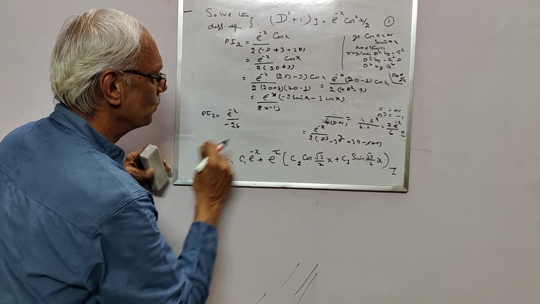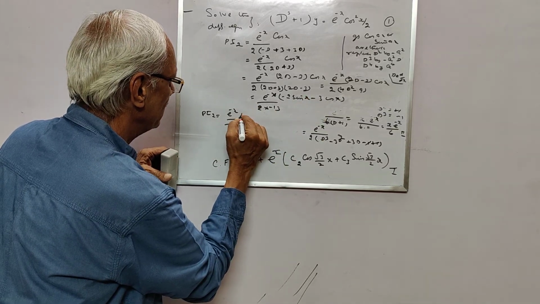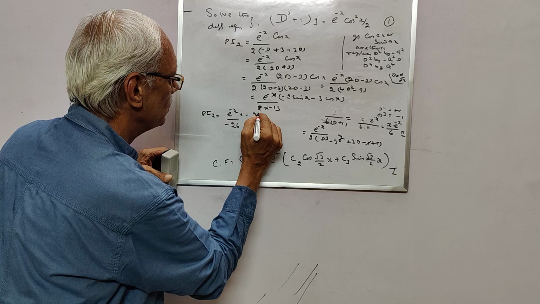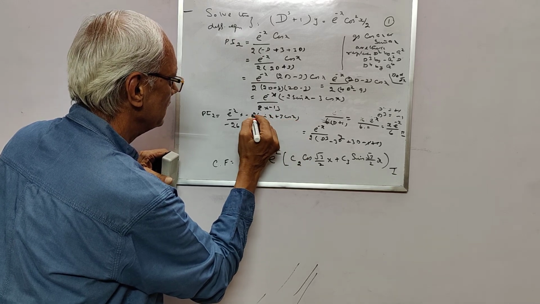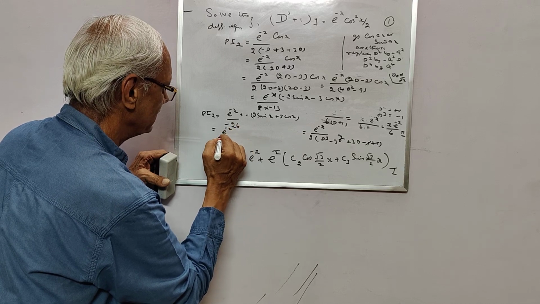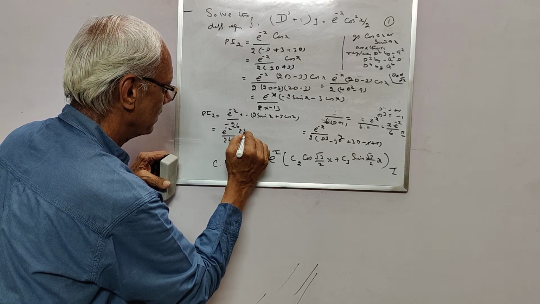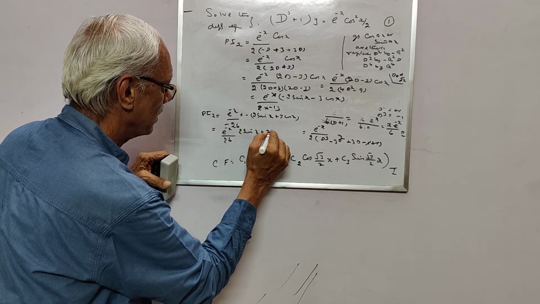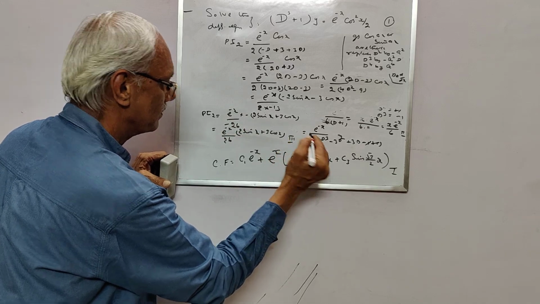Take this minus sign outside, into minus 2 sin x plus 3 cos x. So the answer is e to the power of minus x divided by 26, because minus into minus is plus, into 2 sin x plus 3 cos x.